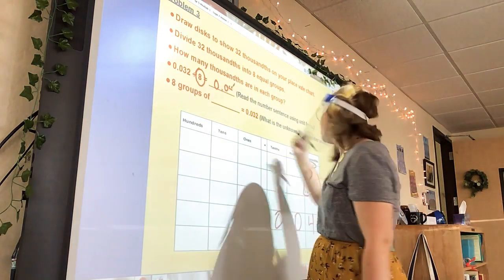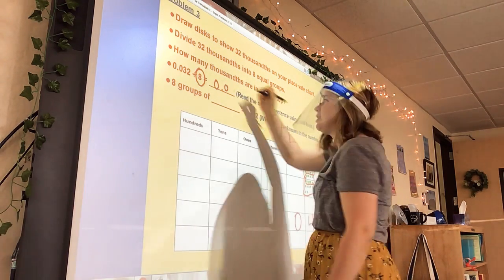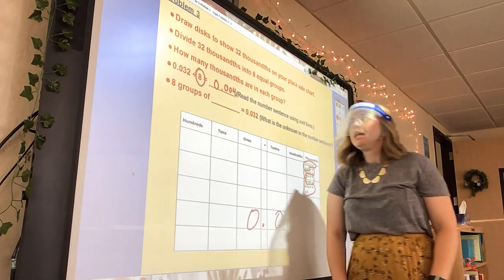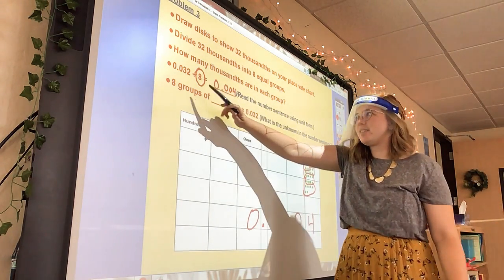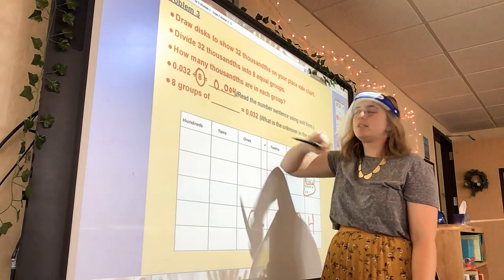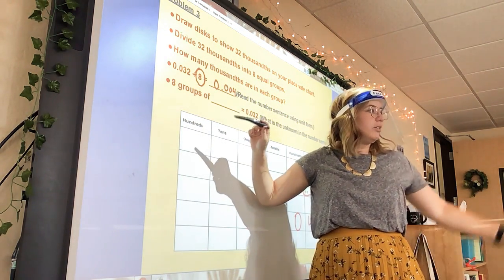When we think of it as a multiplication sentence, I want you to think about this on your own. You're going to say it as a class. So 8 groups of blank equals 32 thousandths. Think of the unit. Are you ready?